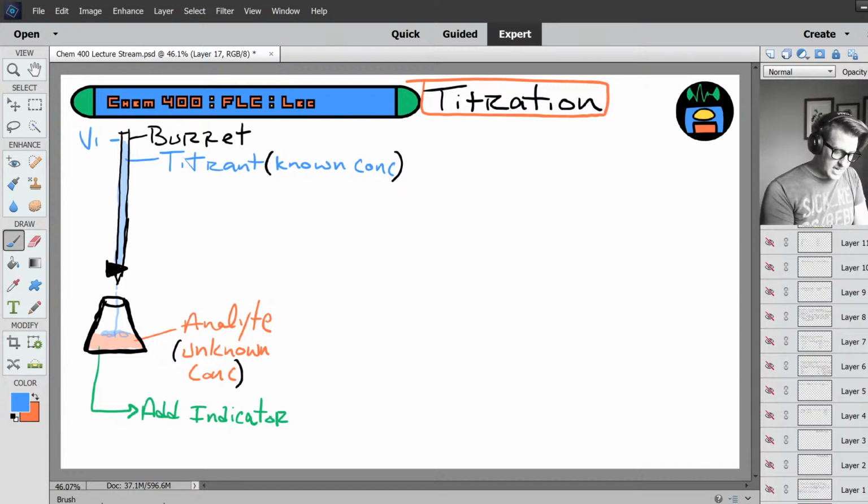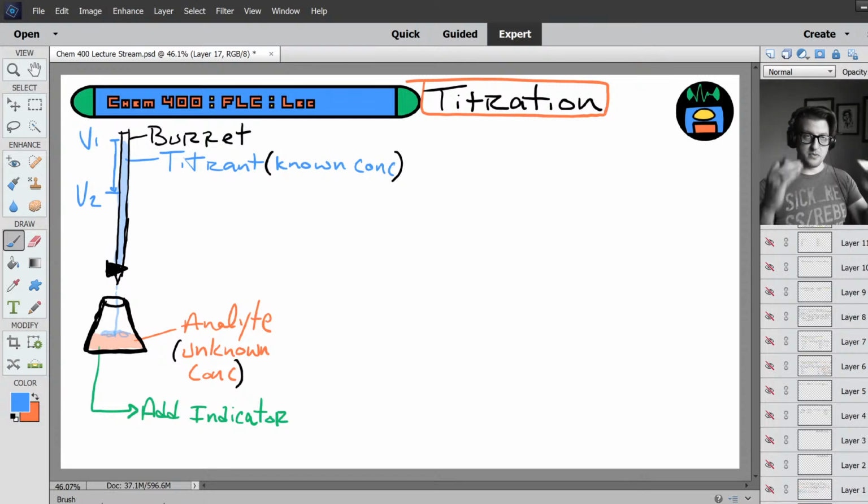We're going to add the titrant until the indicator changes color, and then the burette will give us our second volume. And when that solution changes color, we stop adding the titrant because we've added enough titrant to react completely with the analyte, so there's no more analyte left in solution.